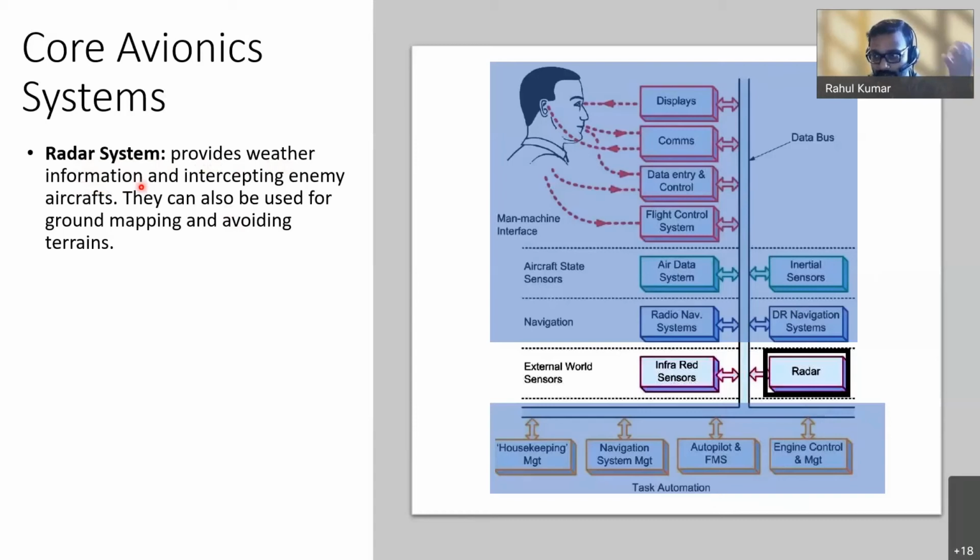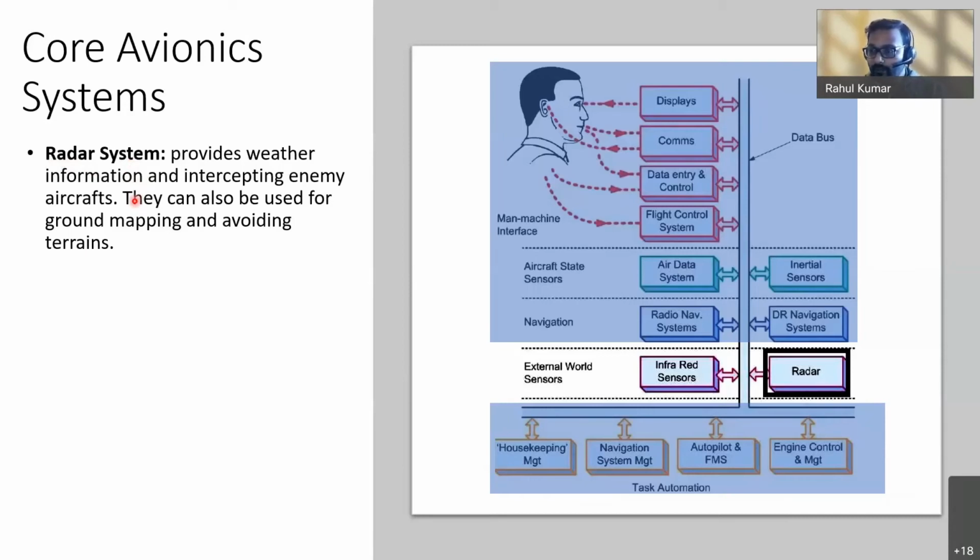Whether it is cloudy or what the condition is in front of the aircraft. If it is going to go through some clouds or maybe some bad weather, the radar system will provide the information or the warning to the pilot, right?